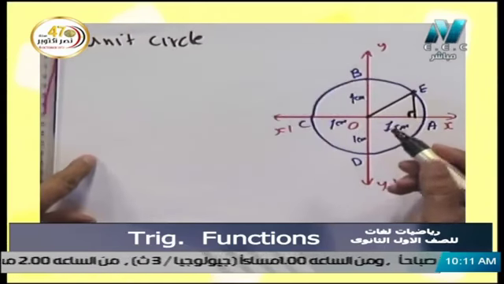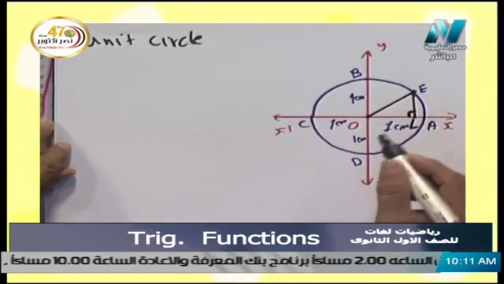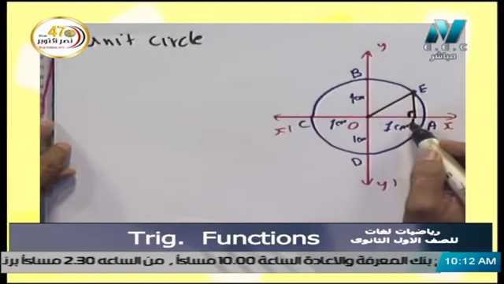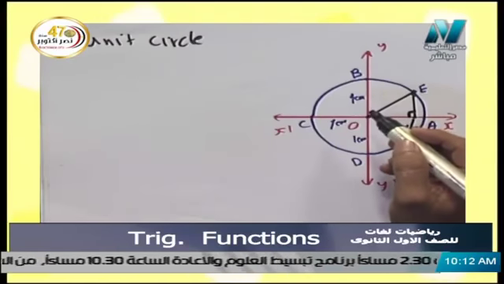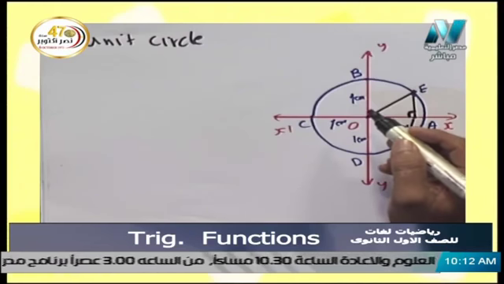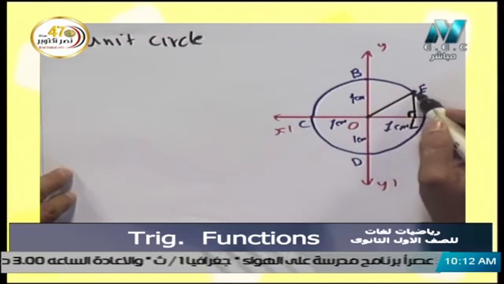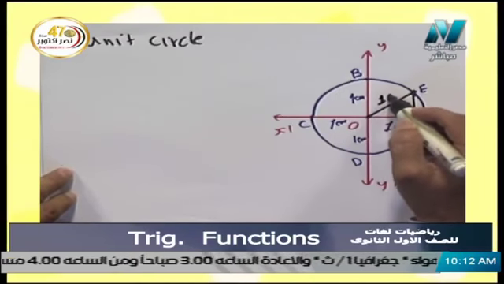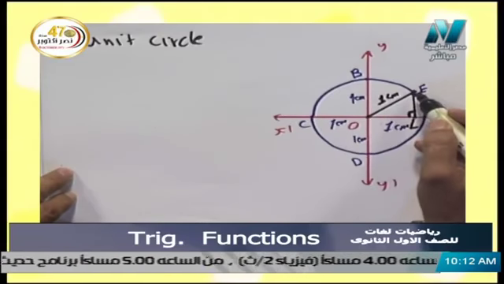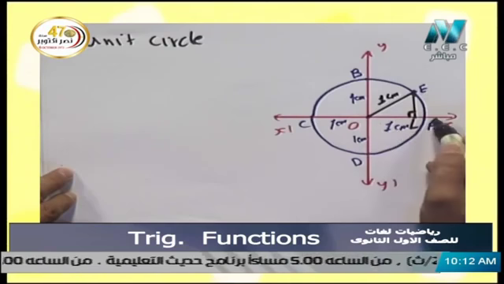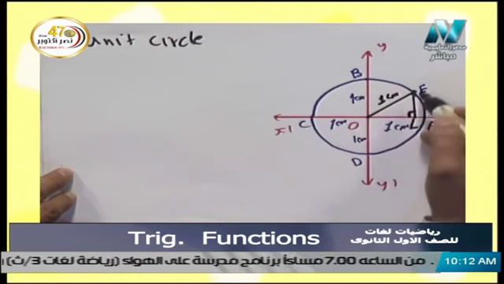So we have right angle triangle OEL as an example. Some of you intelligent students can easily tell me the length of OE. Yes, it's 1 unit also, because OE is the radius of the circle, equal to OA, OB, OC, OD, and so on. So OE here is the unit.